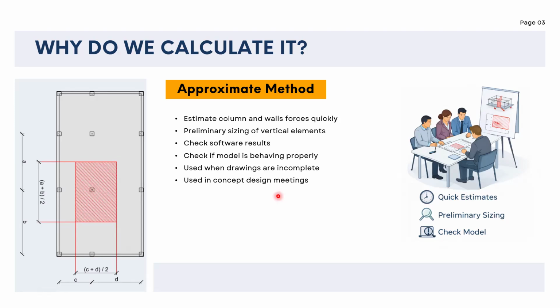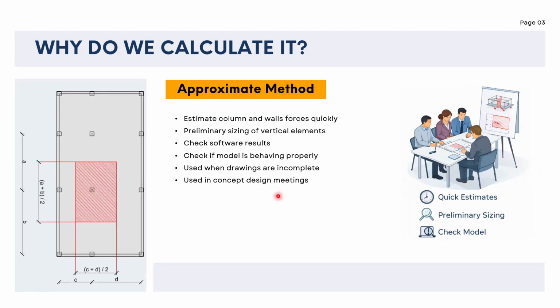We also can use this method to check software results and check if the model is behaving properly. Any person can build a model, but garbage in is garbage out. Okay, so if you put wrong inputs, you get wrong outputs. If the model is working properly, it does not mean that the model is correct.